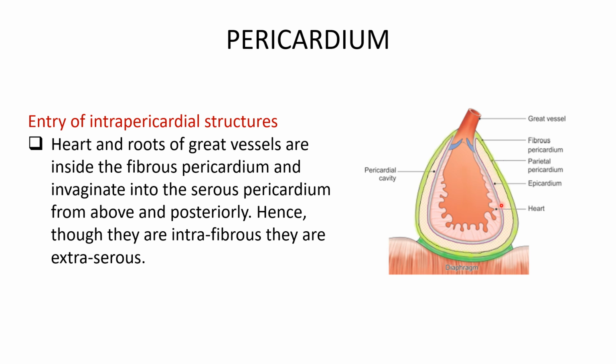The visceral layer is also called epicardium, and at the roots of these great vessels, observe that the visceral layer and the parietal layer are continuous with each other, so hence forming a closed pericardial cavity between the two layers. That's why we say heart is intrafibrous and extraserous.